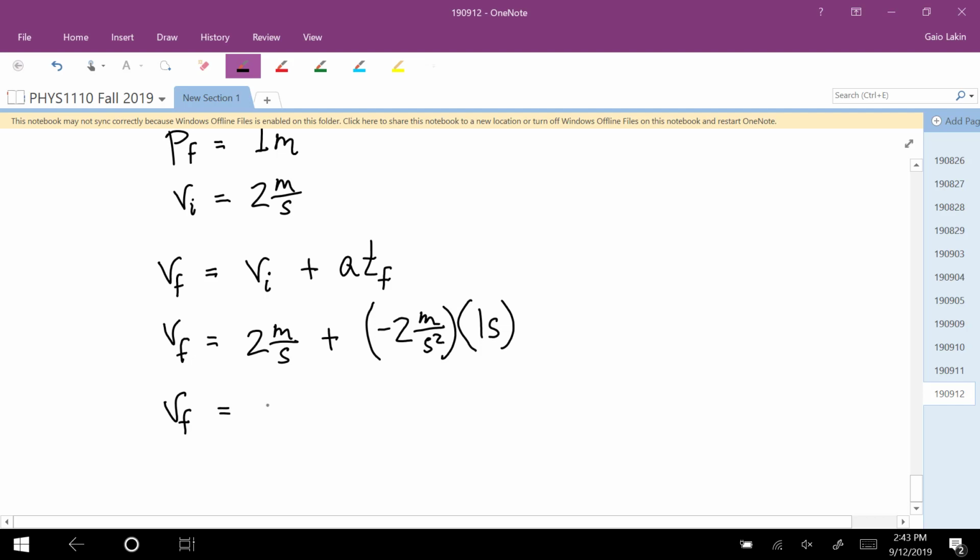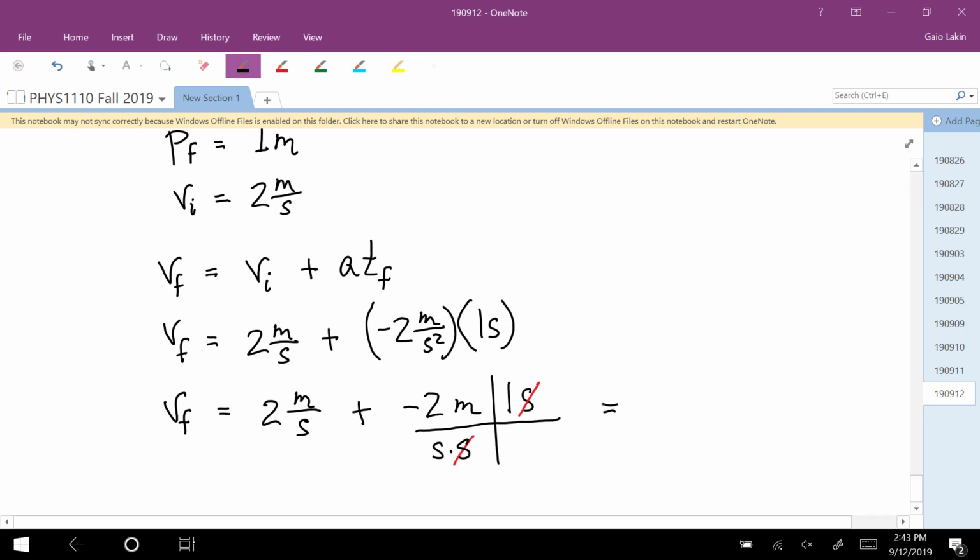So V final is equal to 2 meters per second plus, I'll write this out as 2 meters over seconds squared times 1 second. This second cancels with this second.